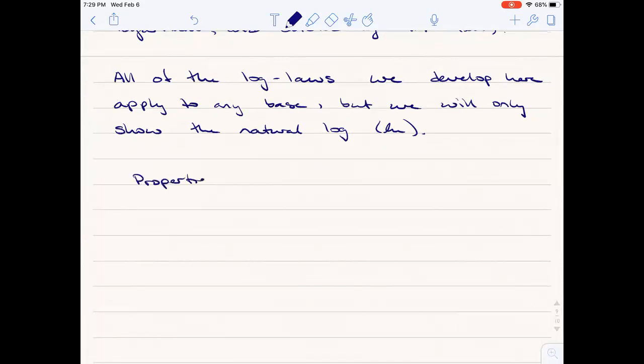So here are the properties and rules of logs, or I like to call them log laws, just because it's way more fun to say.